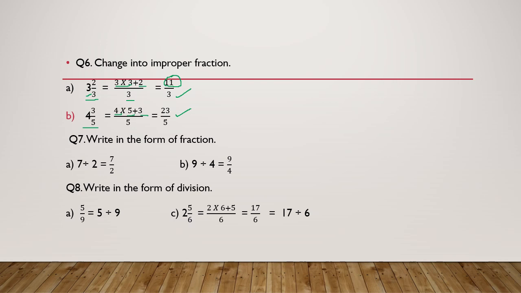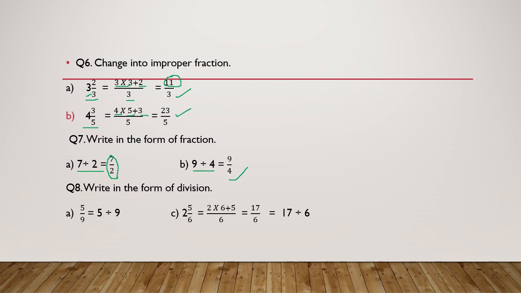Now see question number 7. Write in the form of fraction. This is very simple. We have 7 divided by 2. So in fraction we write it as 7 upon 2. We are having 9 divided by 4. So in the form of fraction we write it as 9 upon 4.